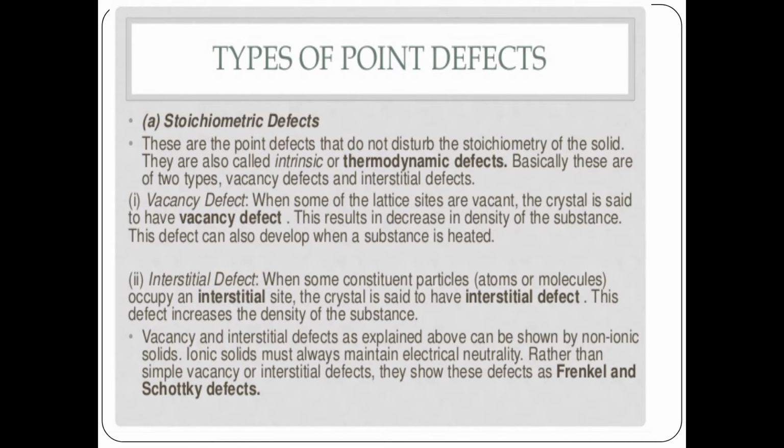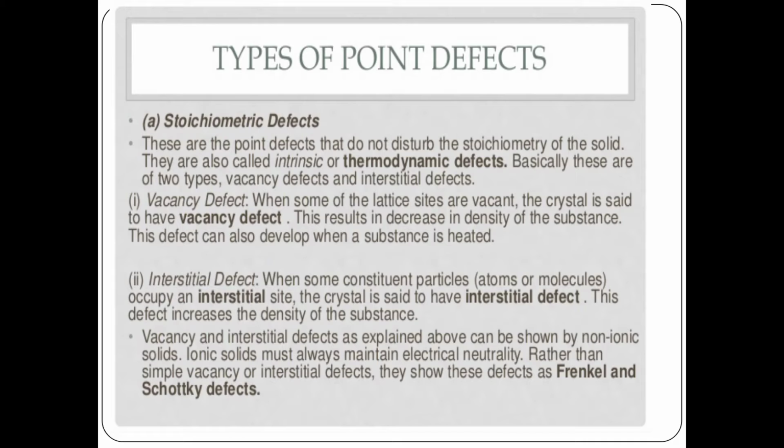So, types of point defects. First, stoichiometric defects. Stoichiometry is the number of reactants or number of atoms present in a solid. For example, if we take NaCl, there is a certain number of sodium and chloride ions to give an NaCl product.